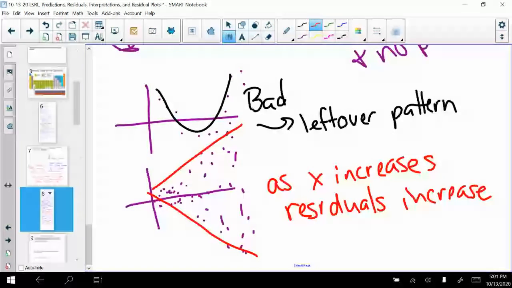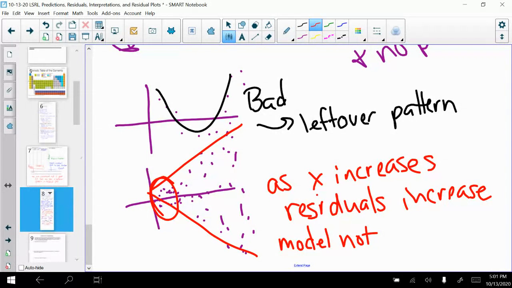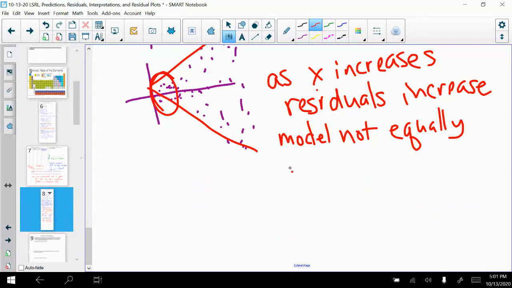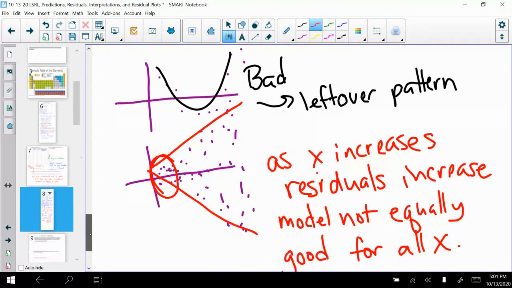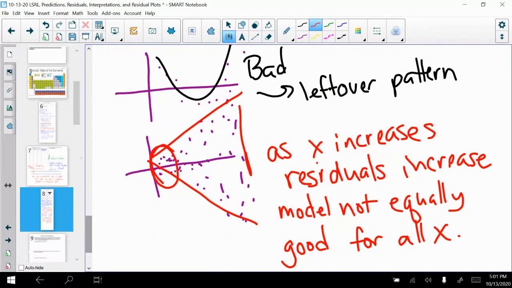So that's going to be an issue because it means that our model is not equally good for all x. We predict really well down here, but we don't predict well out on the end. So that's going to be concerning to us as well. It'll also tell us that when we get out here on this far end, we should probably be very cautious about using our model because our residuals are just all over the place.